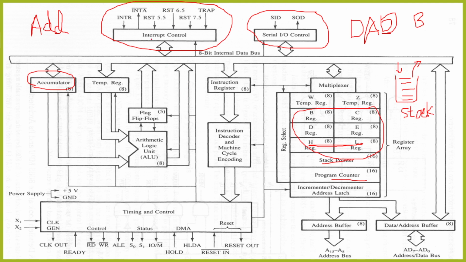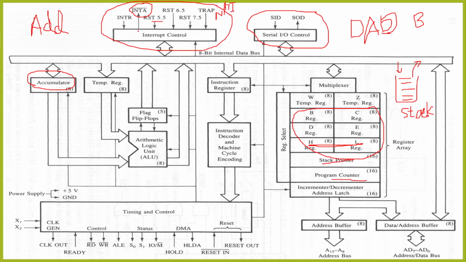The 8085 supports 5 hardware interrupts: INTR, RST 5.5, 6.5, 7.5, and TRAP. Out of the 5 interrupts, TRAP is non-maskable, in the sense we cannot disable it. The remaining 4 interrupts we can disable. There is one acknowledgement signal: whenever a device makes a request, if the processor accepts that interrupt, it will acknowledge. Then only will that device remove its interrupt request.